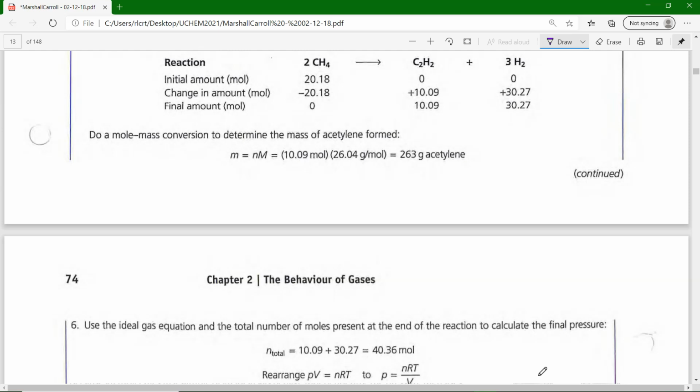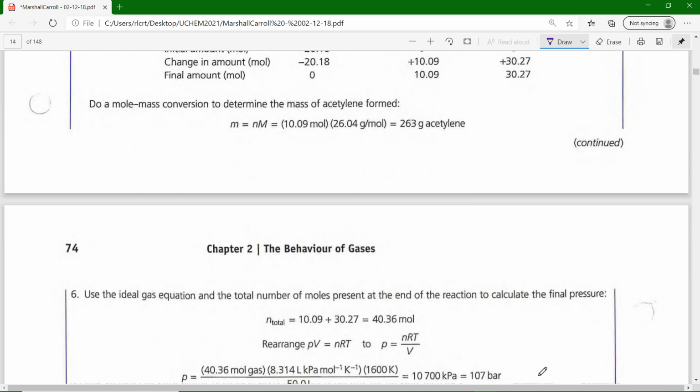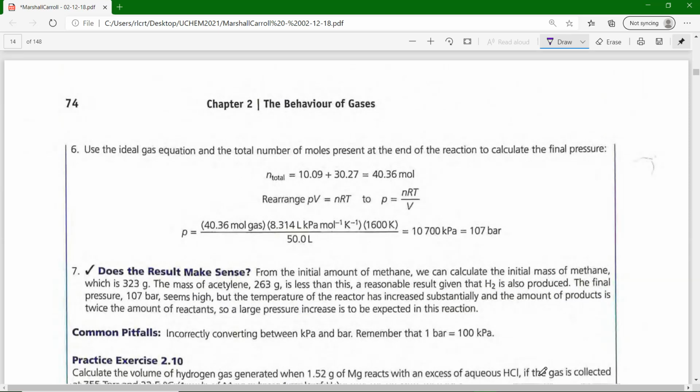Okay, to get the final pressure, well, I know I have 40.36 moles finally. So 40.36 times gas constant times 1600 Kelvin, right, over 50. So 107 bar is the final pressure.